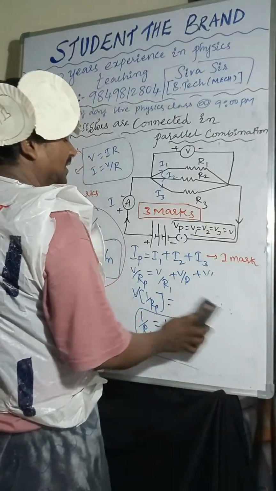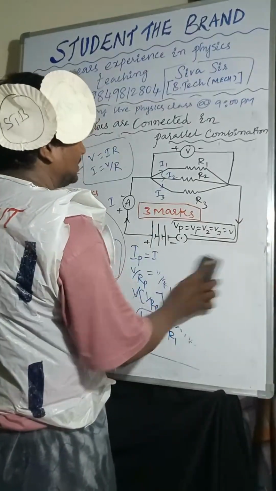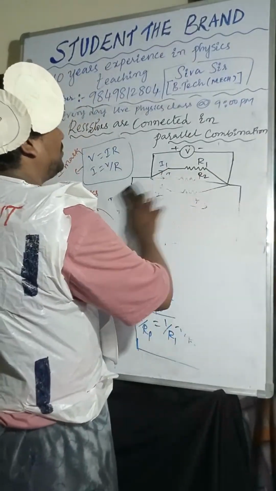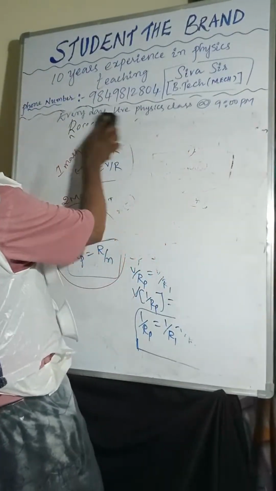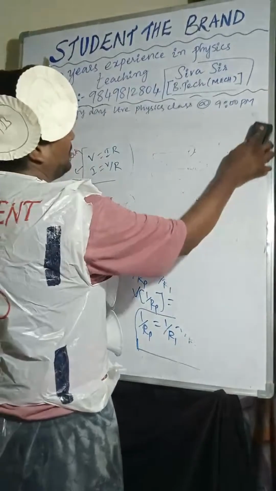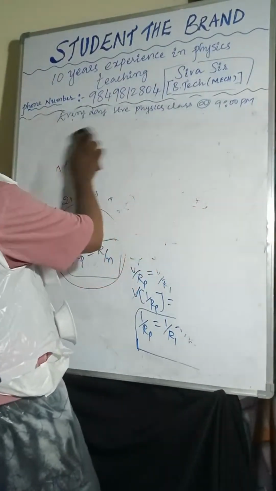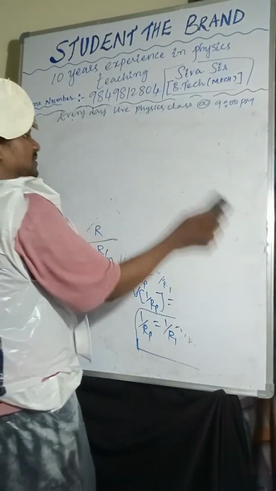The source of energy continuously gets dissipated entirely in the form of heat. That is nothing but the heating effect of electric current.